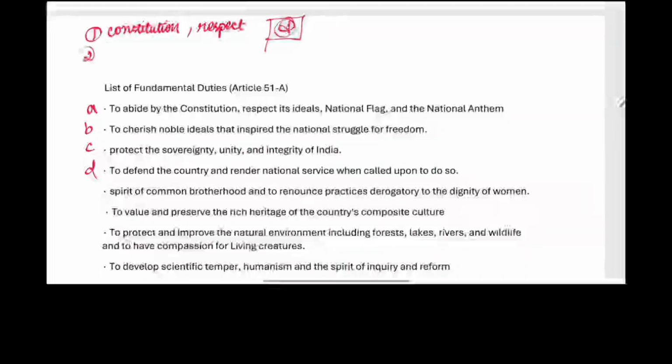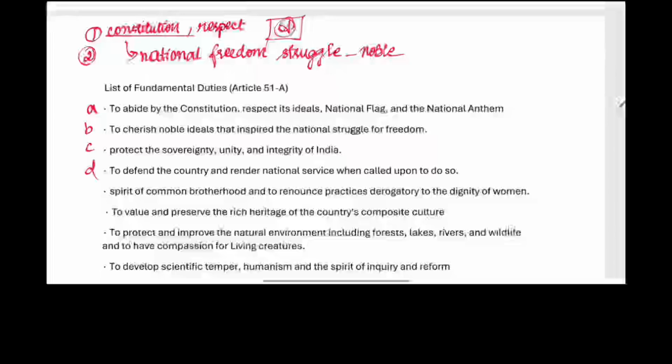The first one. The second one being the national freedom struggle. The freedom struggle is because of a noble idea, a noble ideal. The third one, once we got freedom, we have sovereignty and we are united together. So there is unity and integrity.